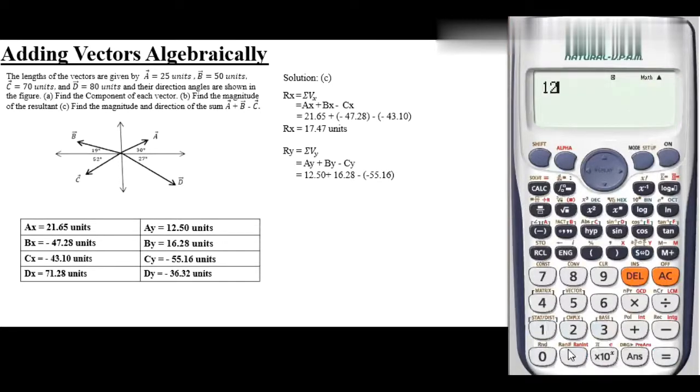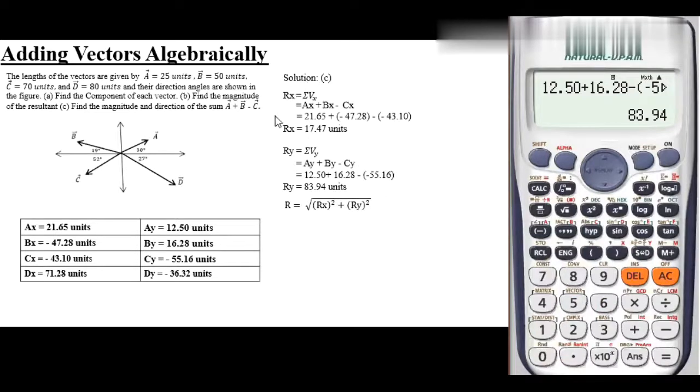We have 12.50 plus 16.28 minus negative 55.16. So that is equal to 83.94. So Ry is equal to 83.94 units.